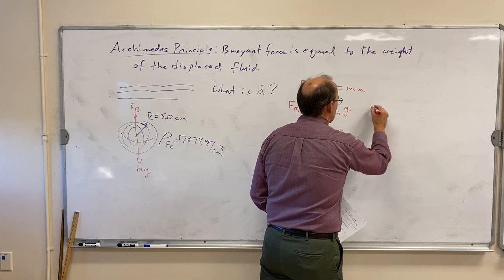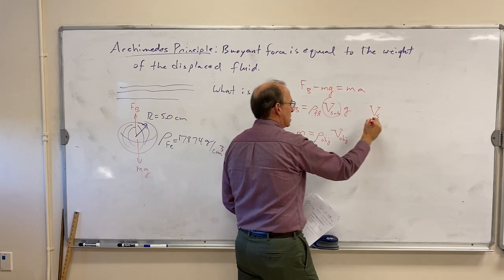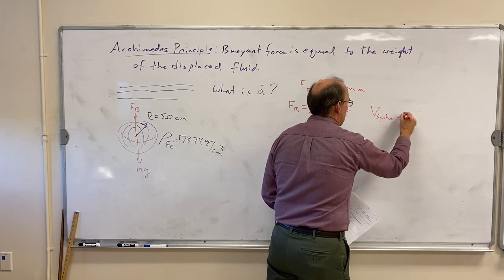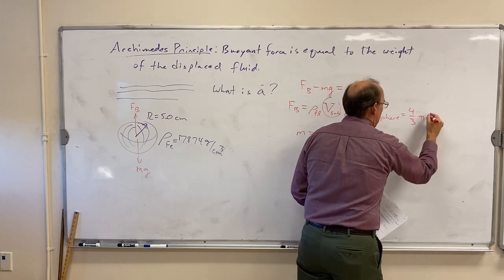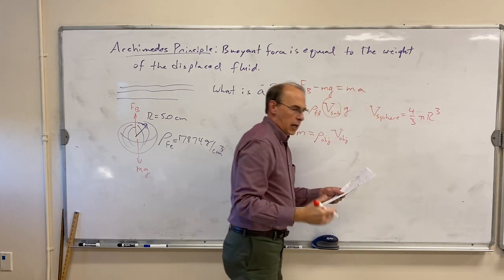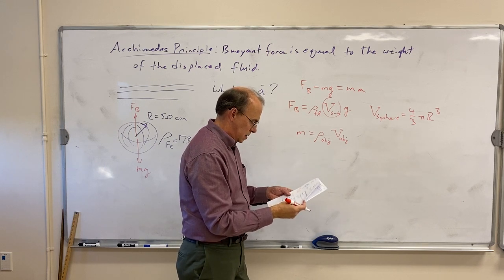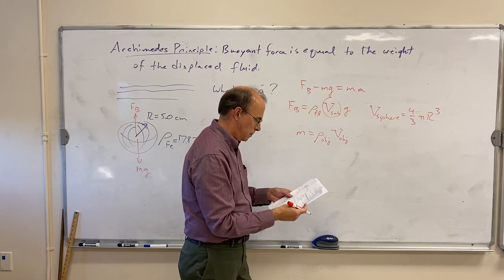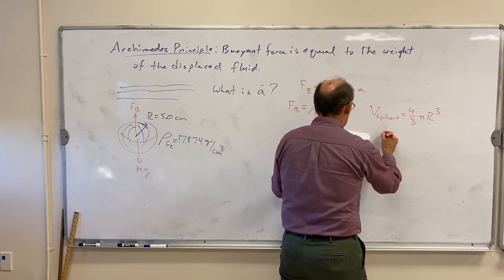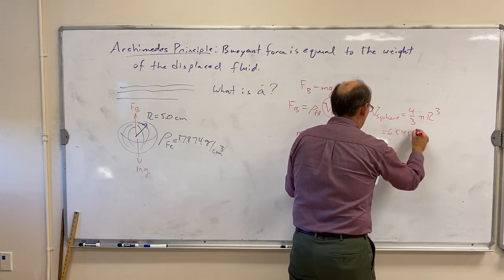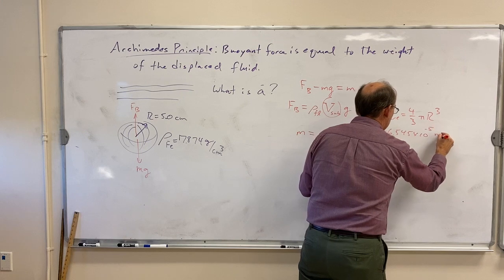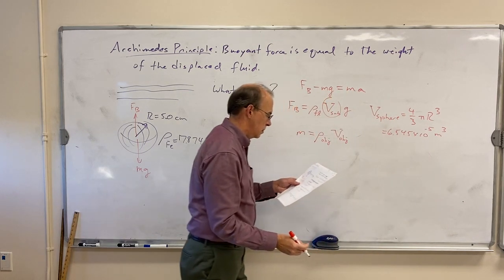The volume of a sphere, because I need that, you might not remember, is 4/3 pi r cubed. And I've done that. You can practice that to make sure you get that right. That turns out to be 6.545 times 10 to the minus 5 cubic meters. You have to do it in meters.